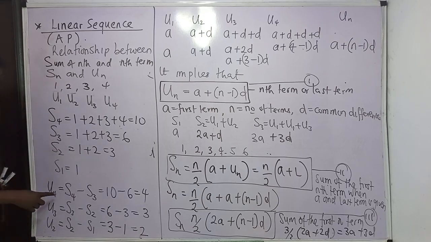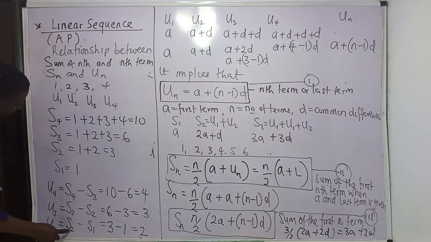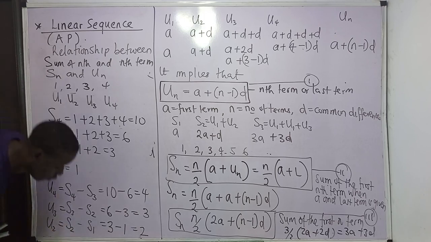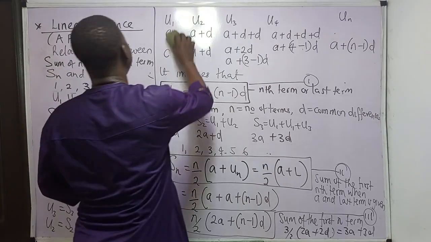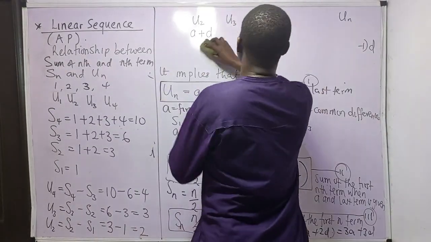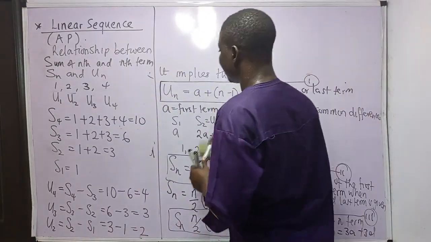What do you notice? The 4th term equals the sum of the first 4 terms minus the sum of the first 3 terms. U3 is the sum of the first 3 terms minus the sum of the first 2 terms. U2, the second term, is the sum of the first 2 terms minus the sum of the first 1 term.